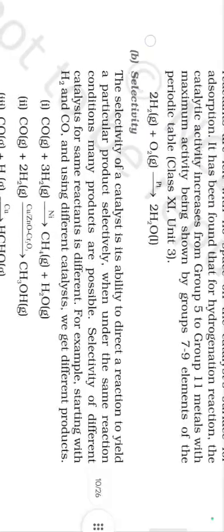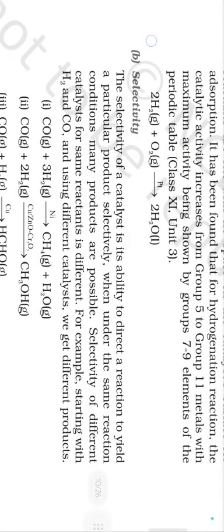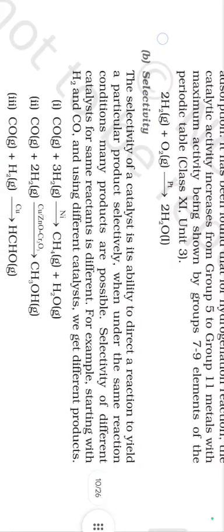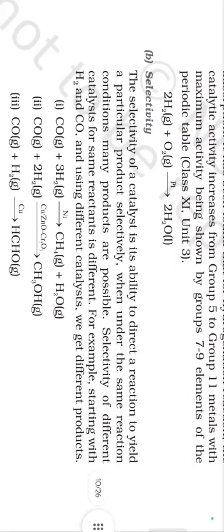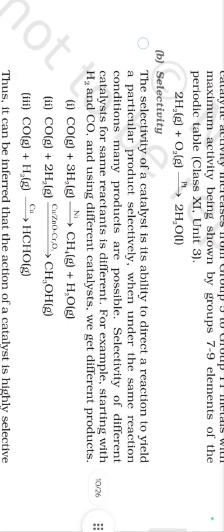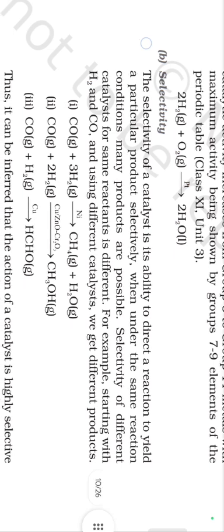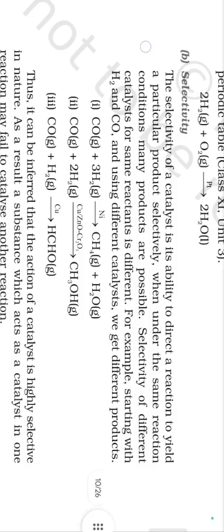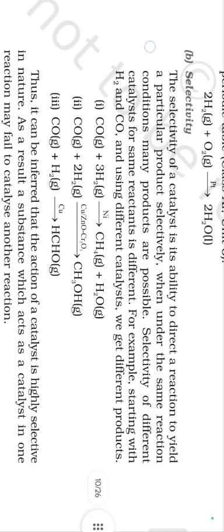It has been found that for hydrogenation reaction, the catalytic activity increases from group 5 to group 11 metals, with maximum activity being shown by groups 7 to 9 elements of the periodic table. 2H2(g) + O2(g) in presence of platinum gives 2H2O(l).